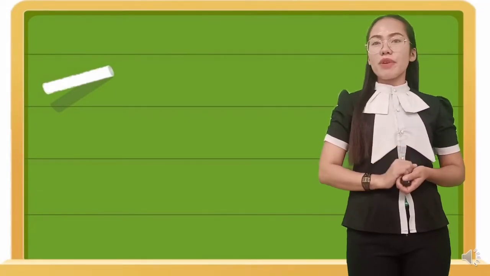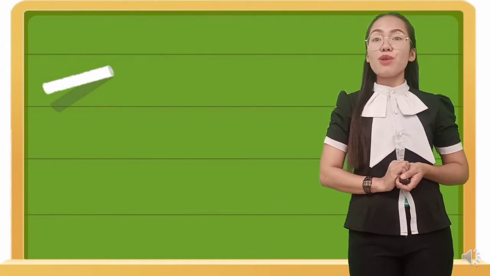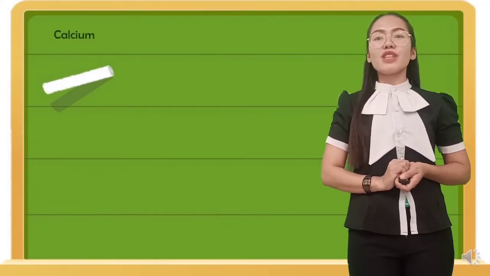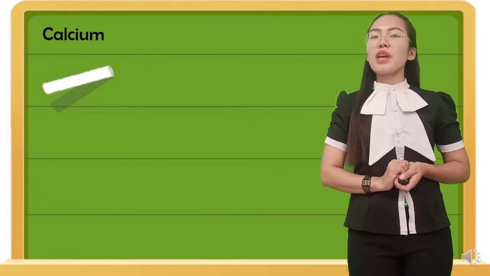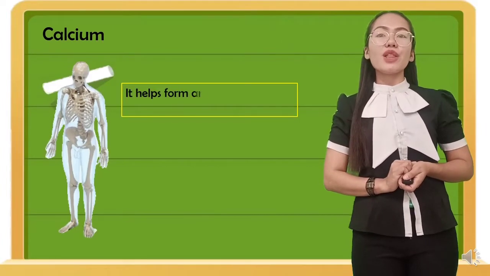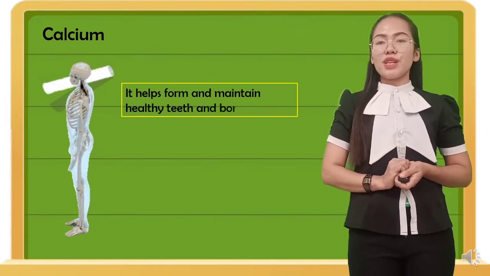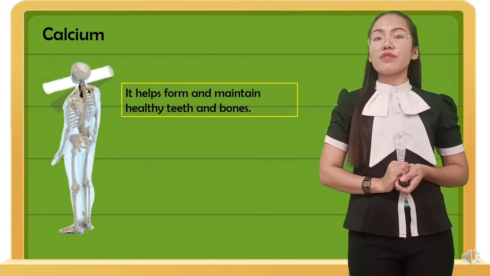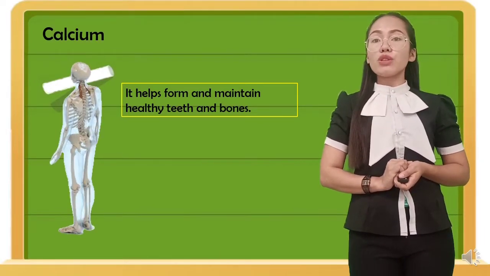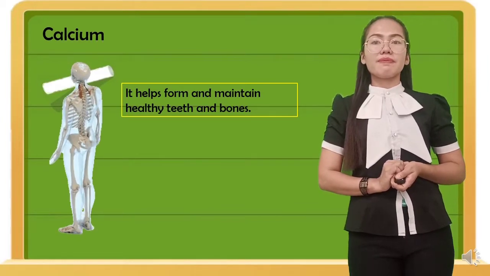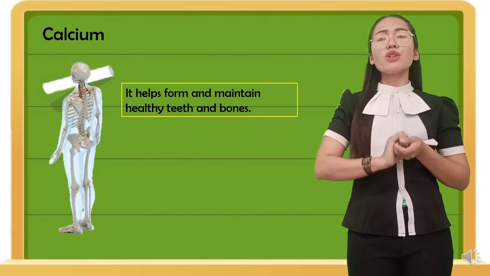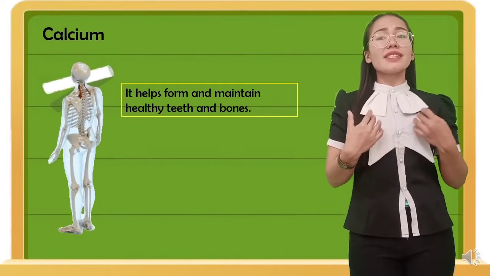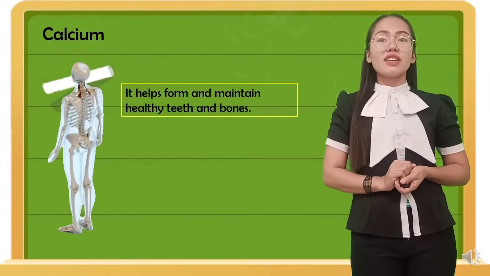The next element, which is probably the most famous, is calcium. Calcium helps form and maintain healthy teeth and bones. A proper level of calcium in the body over a lifetime can help prevent osteoporosis. But are there also negative effects if it is taken too much?